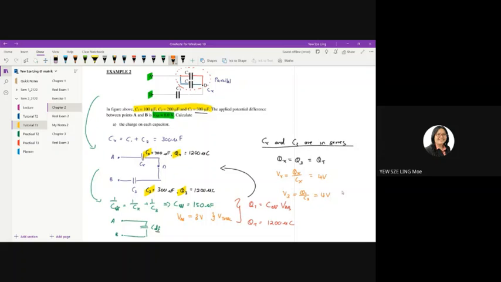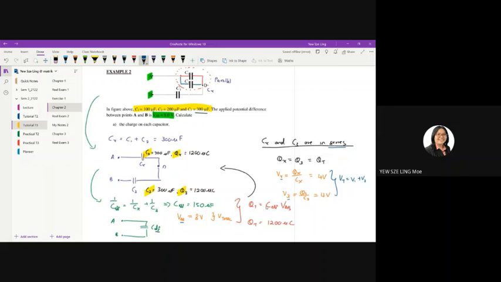Does it make sense? Yes. Why? Because they are connected in series, and in series, V total equals V1 plus V2. So Vx plus V3 gives us VAB, which is the total value. So it makes sense.